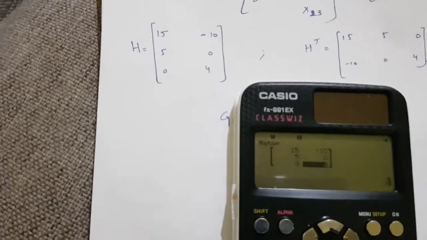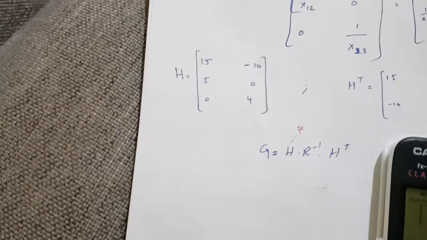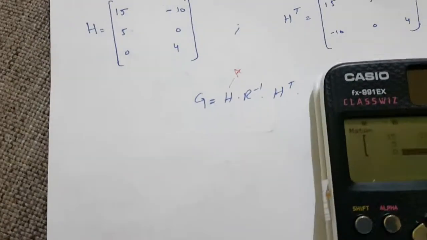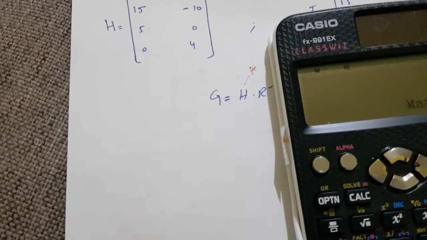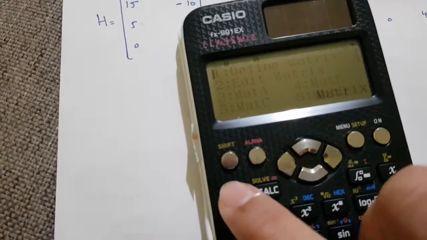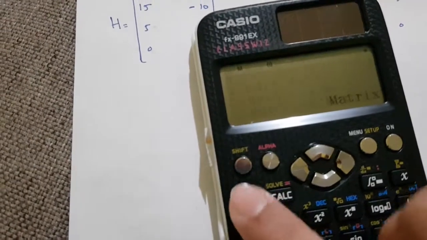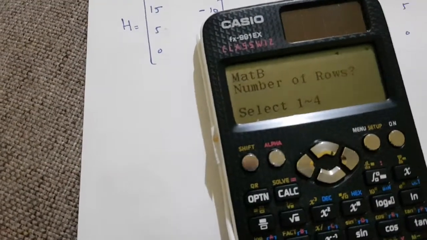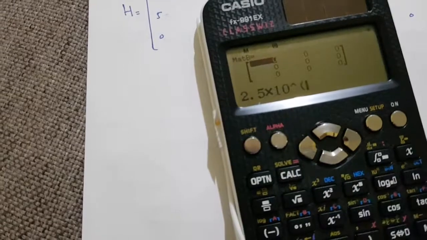Okay, now we have fed matrix A with h. Now we have to take the inverse of R. For that purpose we have to first feed R, then select option, define matrix 2 for matrix B. For R we know that it is a 3 cross 3 matrix, 2.5 multiplied to the power minus 6.